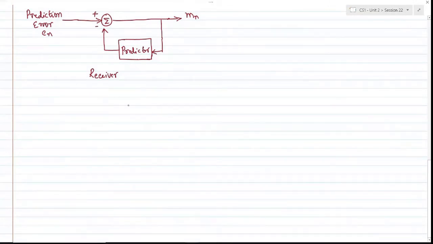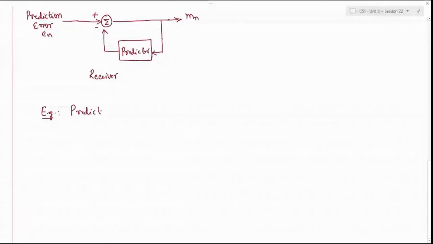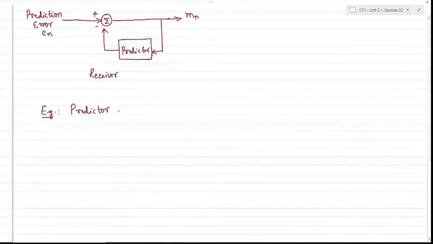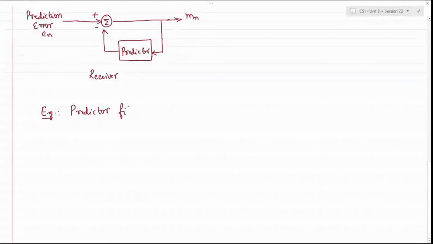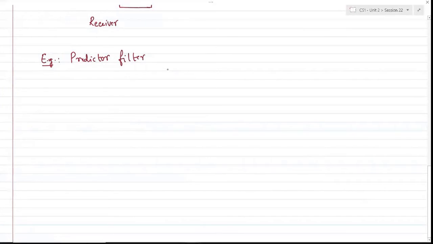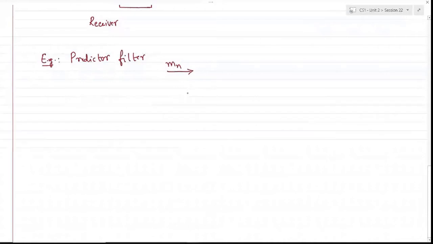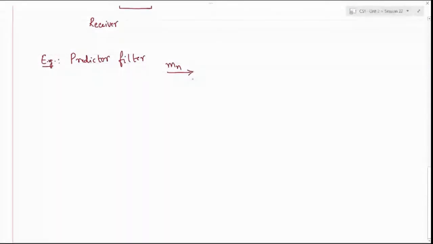Or if you want to make it more robust or more efficient, we can have this predictor as a series of FIR weights itself, where, say for example, just for the clarity of this predictor block, I can say predictor filter itself. It could be, in the big picture, the message signal which is incoming, say the sample of the sampled output of the sampling process.